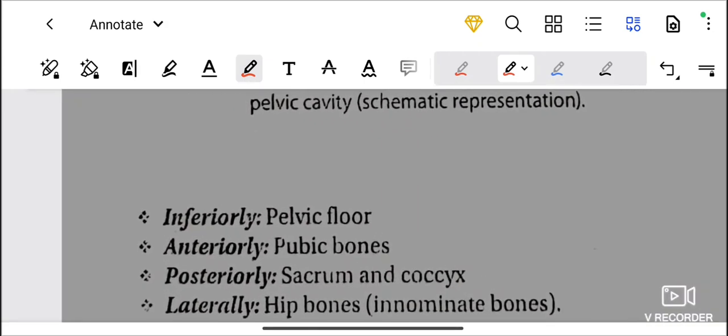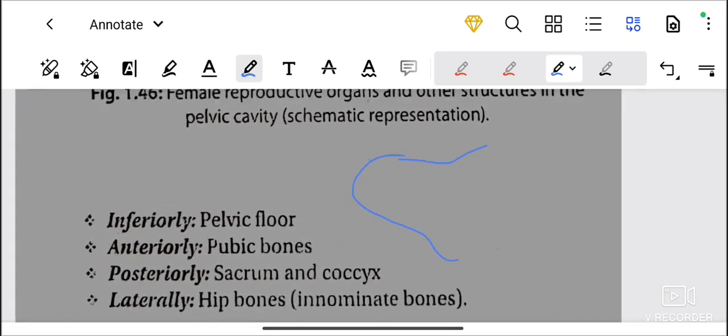I will draw a schematic representation of the pelvis. Imagine this is the pelvis.